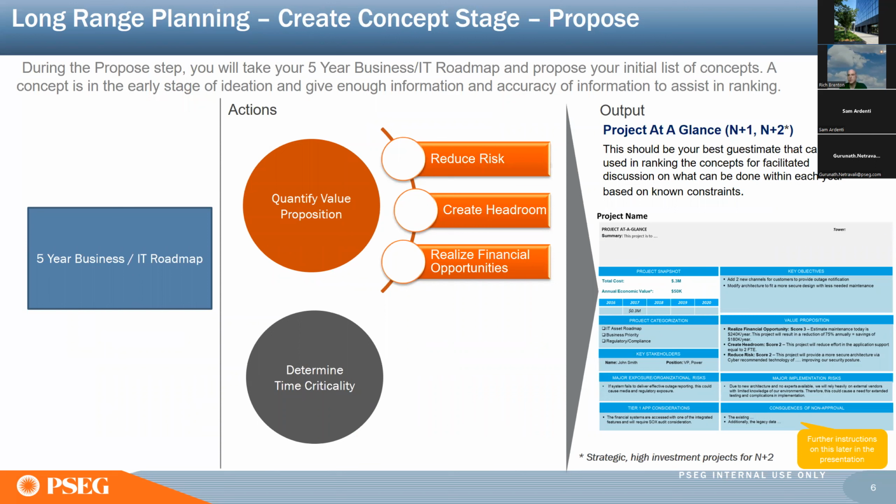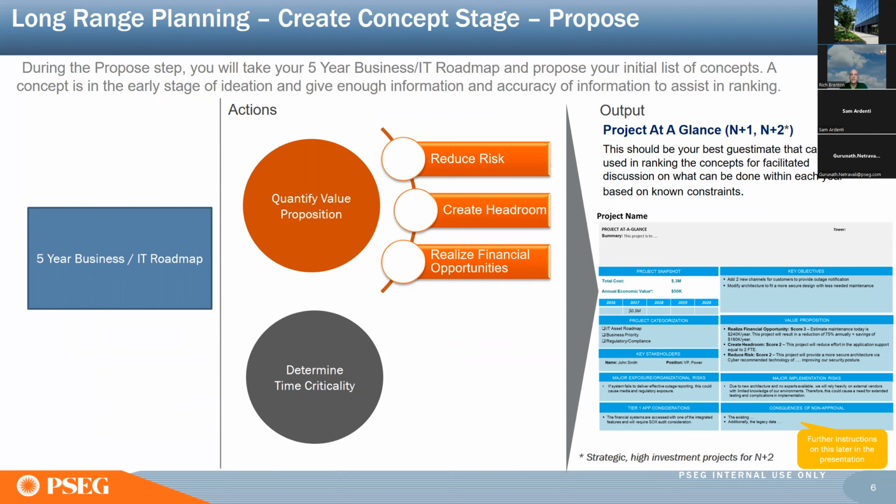Another term is your elevator pitch. So for each proposal, you would have a ranking in one of those categories, right? Does it reduce risk? Does it create headroom? Does it do a financial opportunity? And then the gray box says time criticality, right? Do I need to do this in 1 year, in 2 years, or in 5 years? And what you'll fill out is this little chart here on the right. And again, it's just a summary, right?